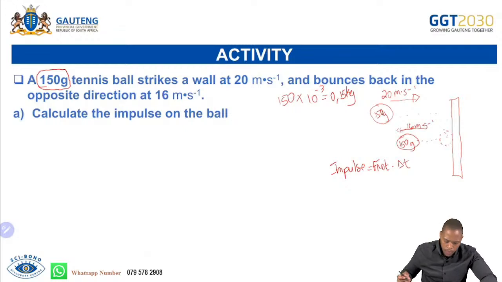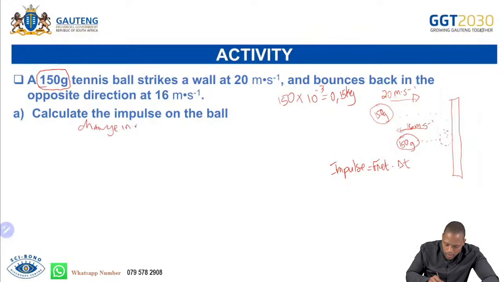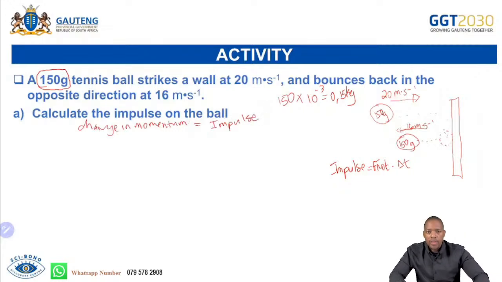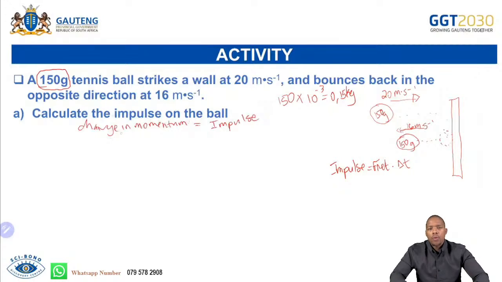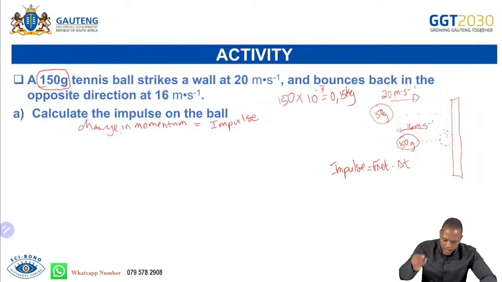What you need to do is realize that the change in momentum is equal to the impulse. They are equivalent, as we have spoken. So I can simply calculate the change in momentum, then I'll have the value of the impulse.